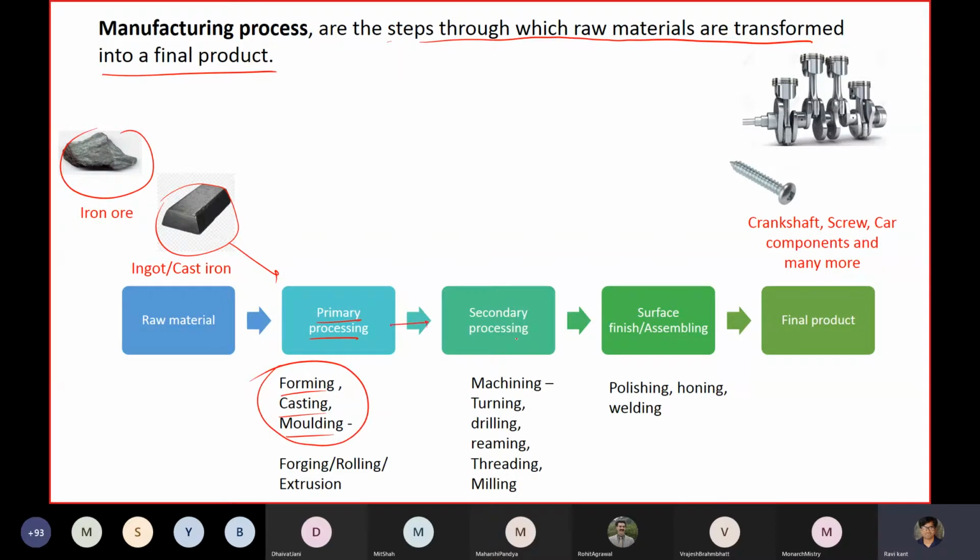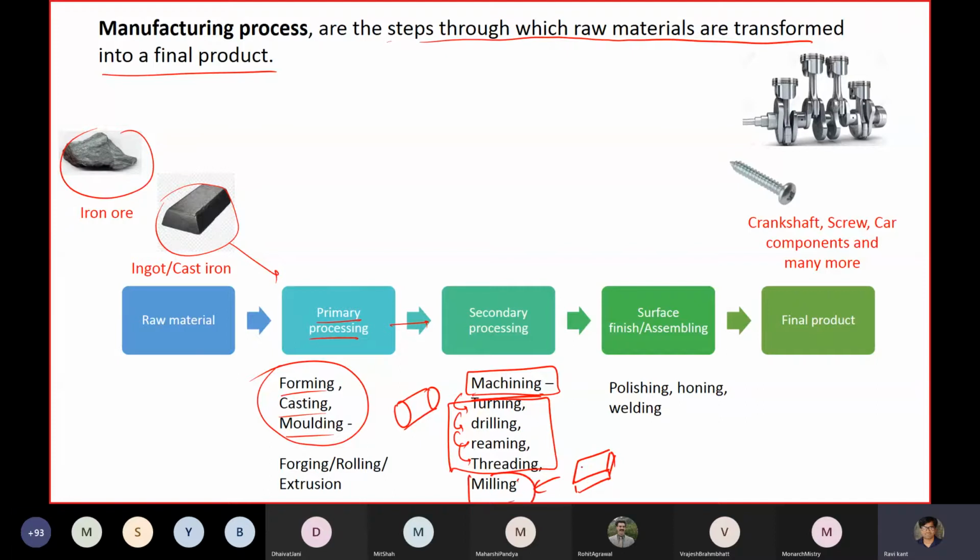Then it undergoes a secondary process, which is called the machining process, in which you have turning, drilling, reaming, and threading if you have some sort of axisymmetric objects. Okay, if you don't have axisymmetric objects, let's suppose you have a flat surface to be removed, then you should have a milling process.